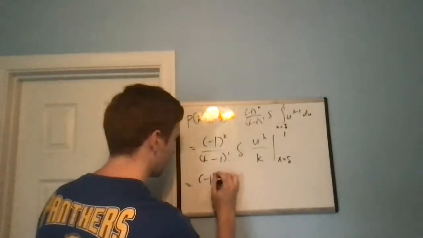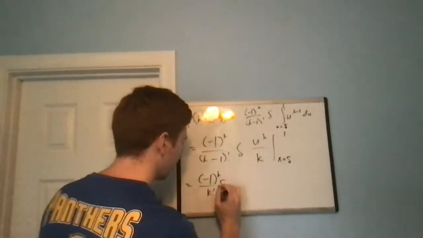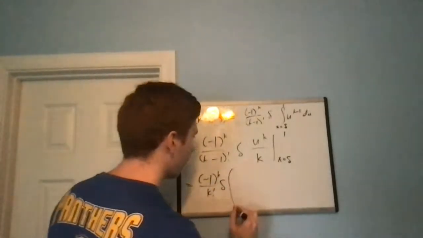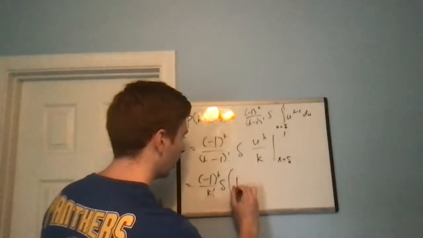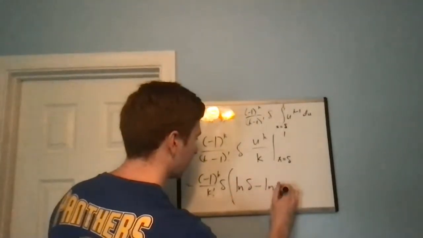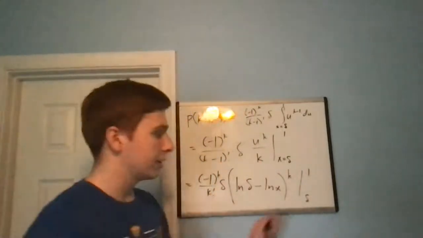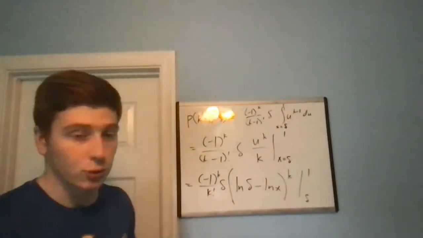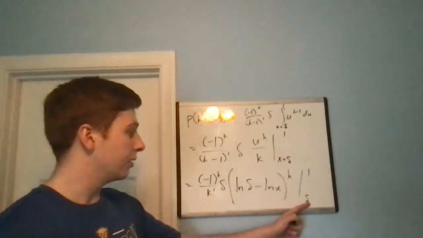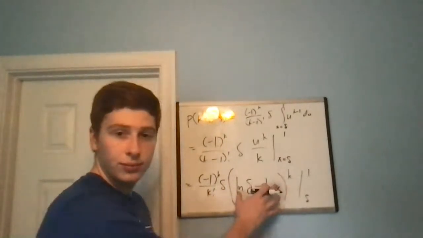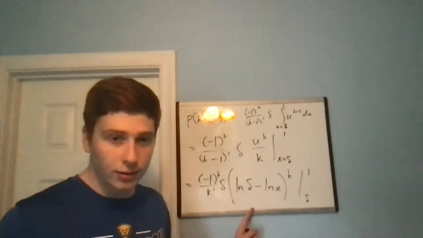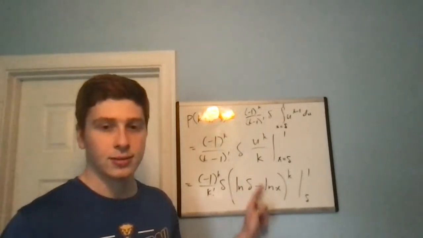So this becomes -1 to the k over k factorial delta, and then times ln delta minus ln x to the k evaluated when x equals delta and 1. When x equals delta, this is 0. And when x equals 1, this is just ln delta to the k.